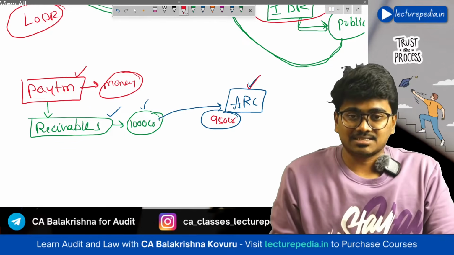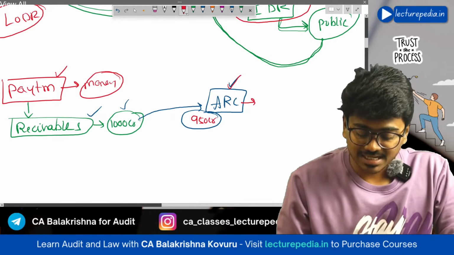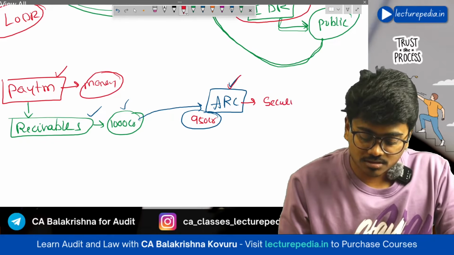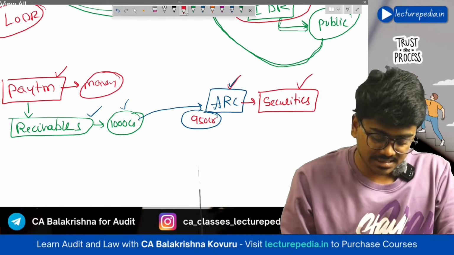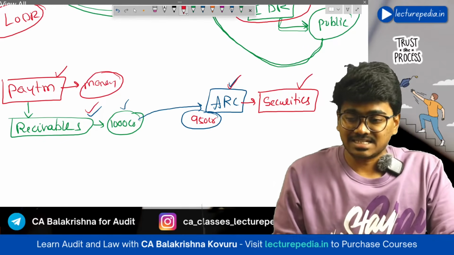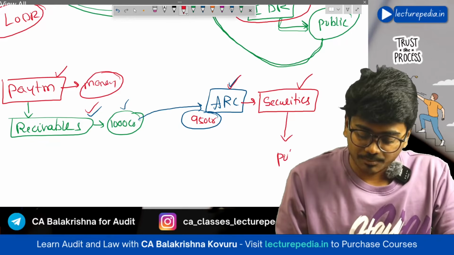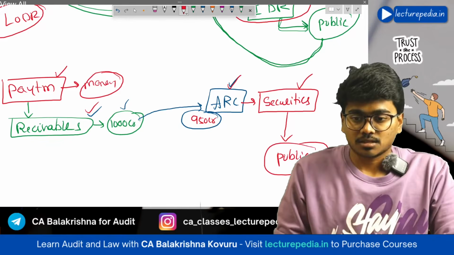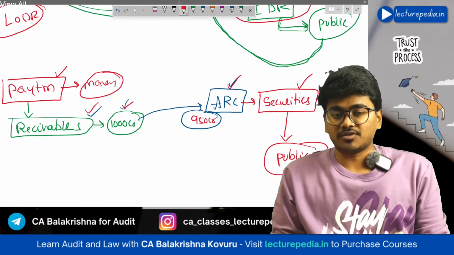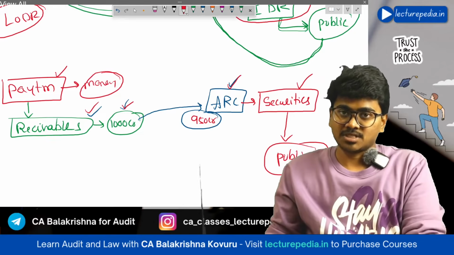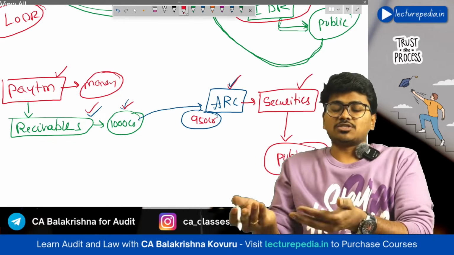Now, what the asset reconstruction company will do is create securities that are backed by these receivables, and sell these securities to the general public. The value of these receivables is 1000 crores, so for these 1000 crores worth of receivables, it will create securities. The value of each security it can keep as either 10 rupees or 100 rupees.